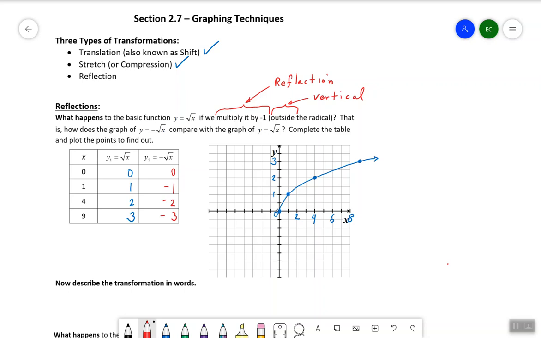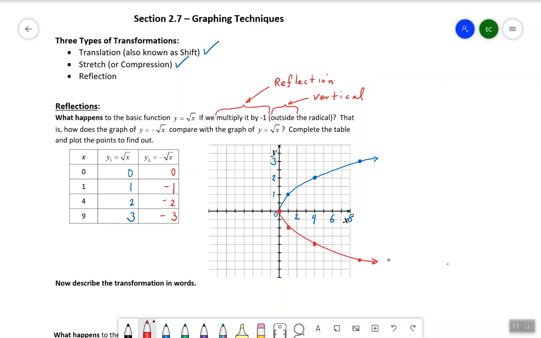So we can go ahead and plot the points: 0, 0; 1, -1; 4, -2; 9, -3 is just off the graph, but that's okay. We can draw it anyway. And then we can draw a nice smooth curve through the points.